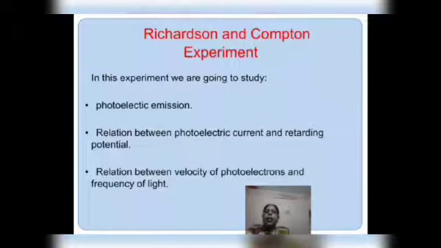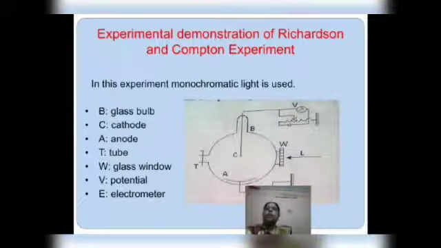These emitted electrons are called photoelectrons, the current is called photoelectric current, and the total effect is called the photoelectric effect. In this Richardson and Compton experiment, we use monochromatic light.